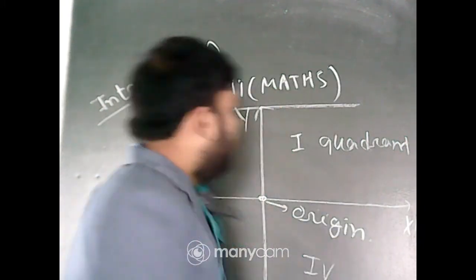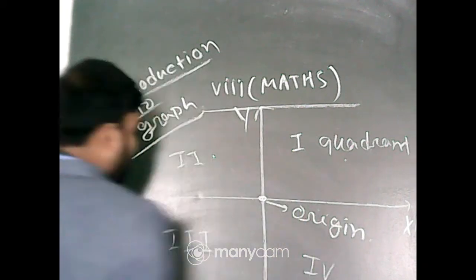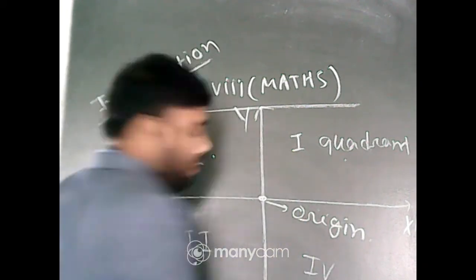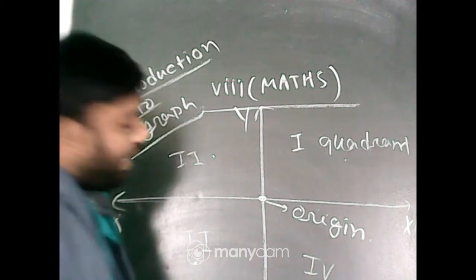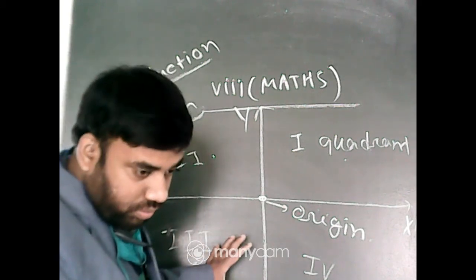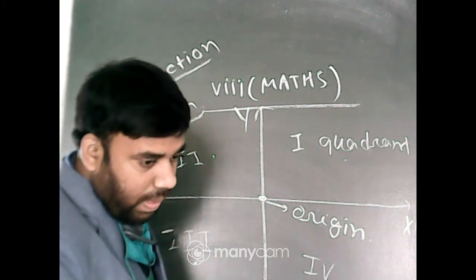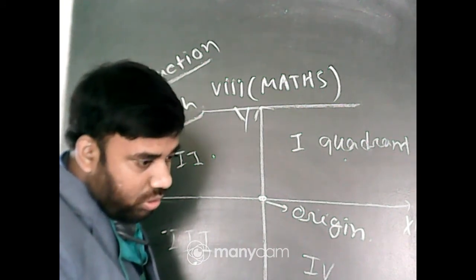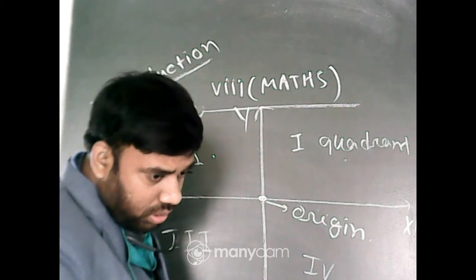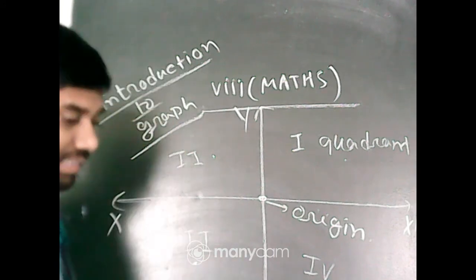So how many quadrants are there? 4 quadrants: first, second, third, and fourth. Just 4 things I have told you. Is it clear to all of you? Any doubt? So the first things are clear.